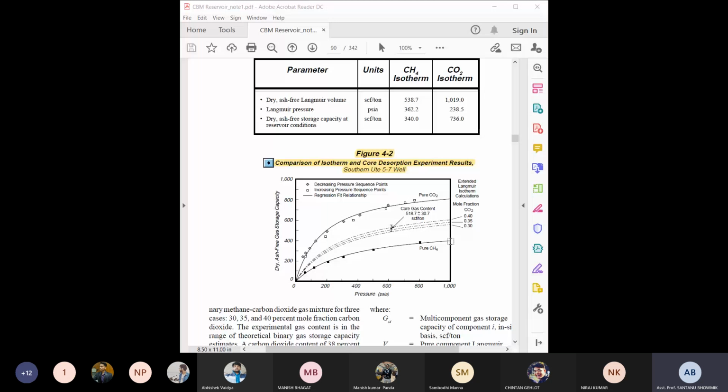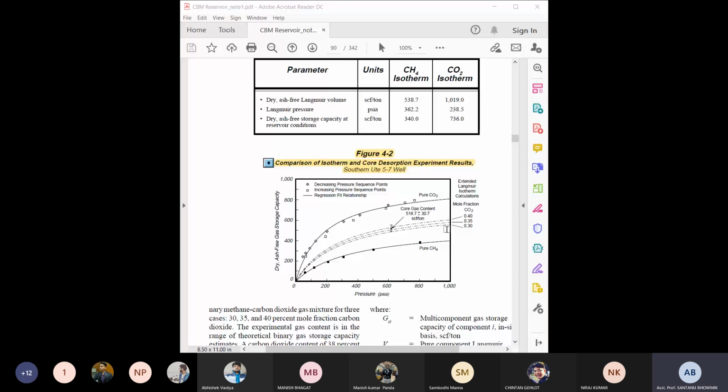So the 50% methane will give some half of this, as you can see. If this is your pure graph, then 50% of the methane will lie in this direction, at half of this.